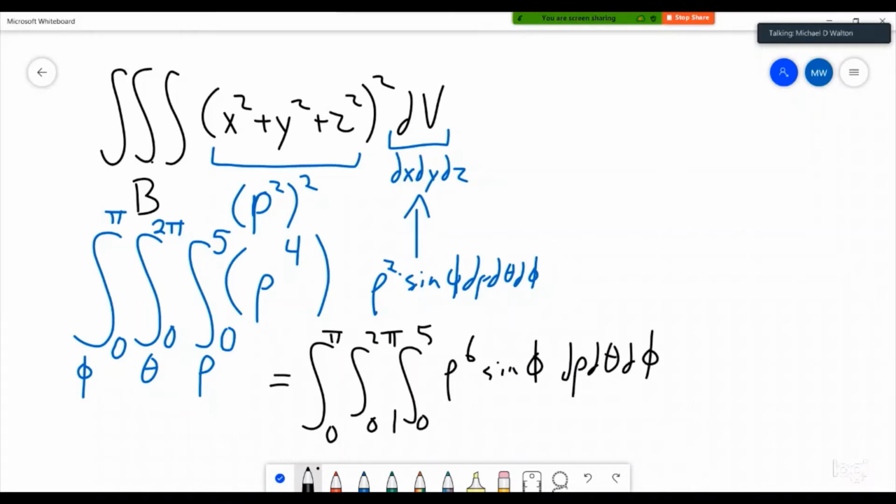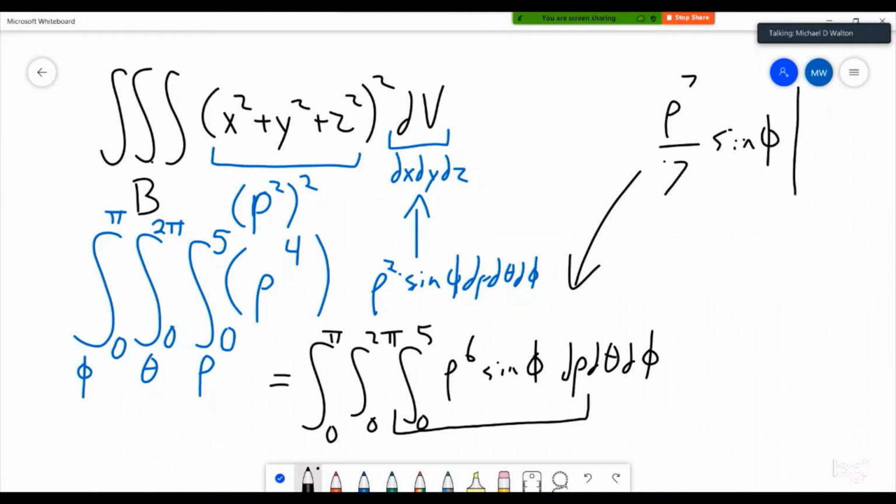If we look at our innermost integral, we are integrating rho to the 6th times sine of phi with respect to rho. We can treat the sine of phi as a constant because it doesn't have any rho's involved. So that turns into rho to the 7th over 7 times sine of phi, evaluated from 0 to 5.